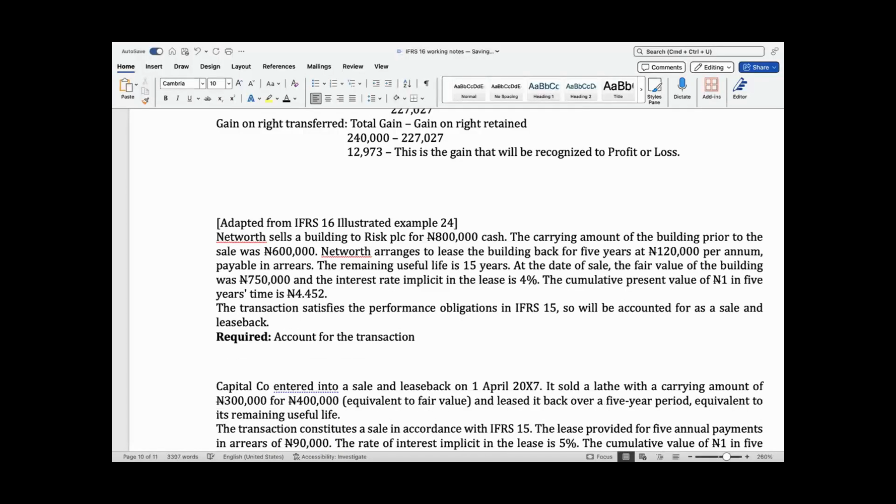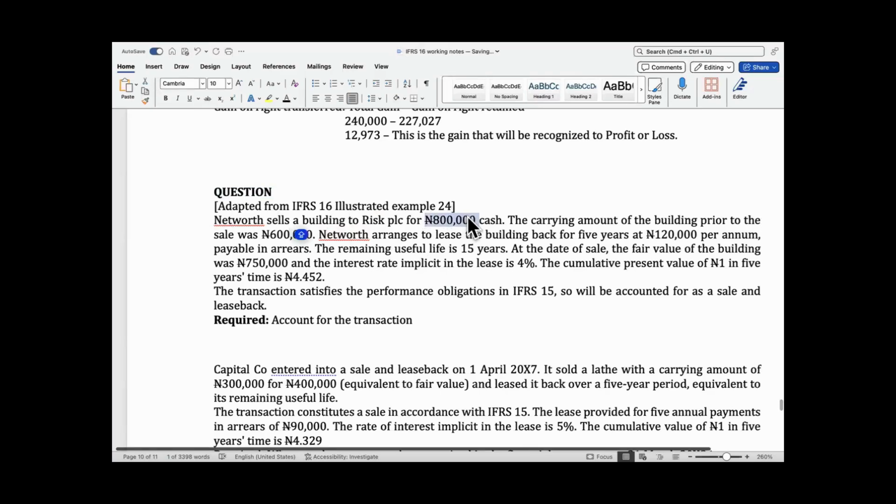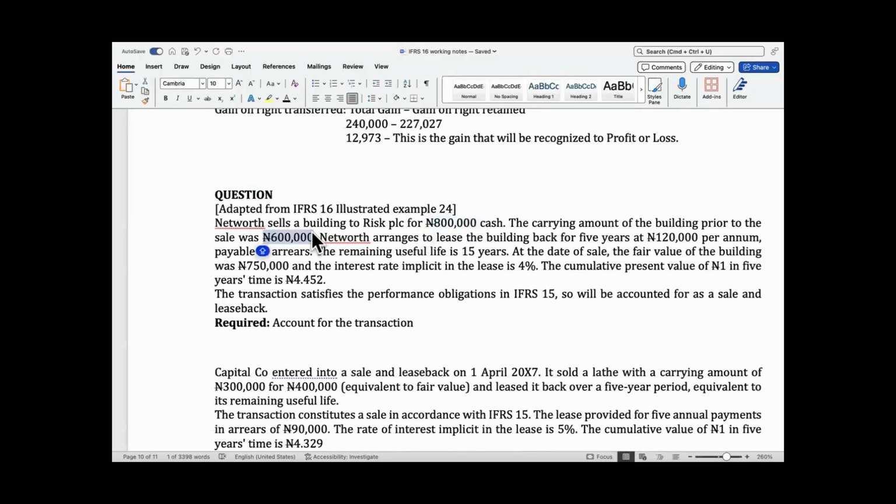The second question, this one was adapted from the standard directly. This one says that net worth sells building to Risk PLC for 800,000 cash. The carrying amount of the building prior to the sale was 600,000.